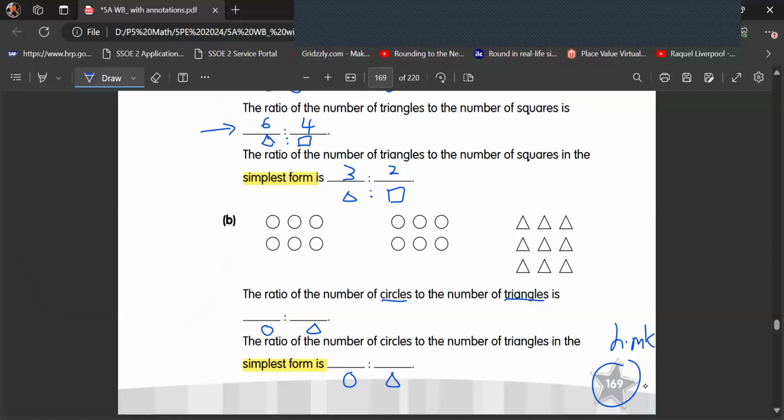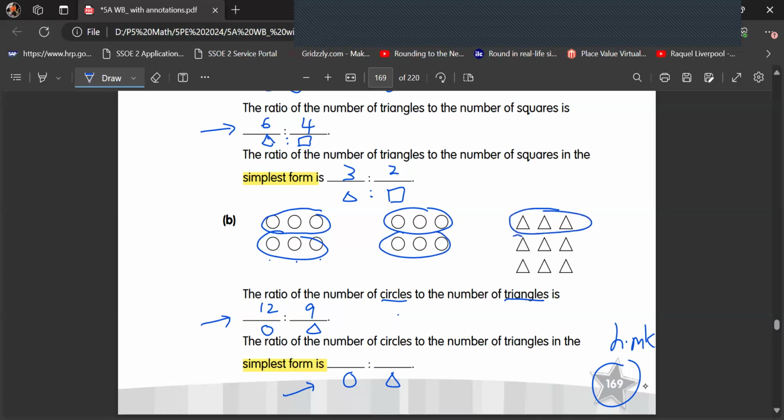So this one we are looking at: 2, 4, 6, 2, 4, 6, 8, 10, 12, 3, 6, 9. So I'm writing the actual numbers. After that, simplest form here. And then I will do the circle to group. 1, 2, 3, 4.